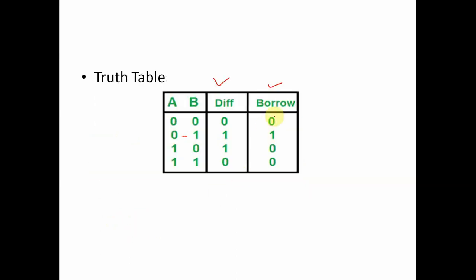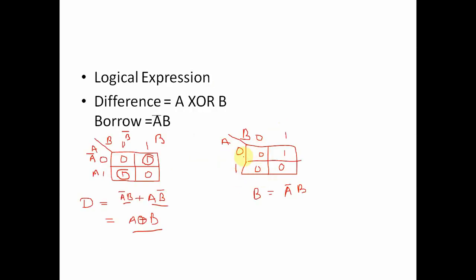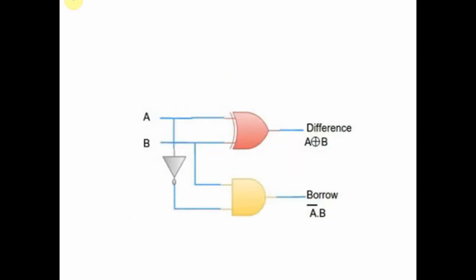And for the borrow, 0 minus 0 is 0, 0 minus 1 is difference 1 with borrow 1, 1 minus 0 is borrow 0, and 1 minus 1 is borrow 0. So the final expression is A bar B. For the circuit diagram, for the difference A XOR B we use an XOR gate.